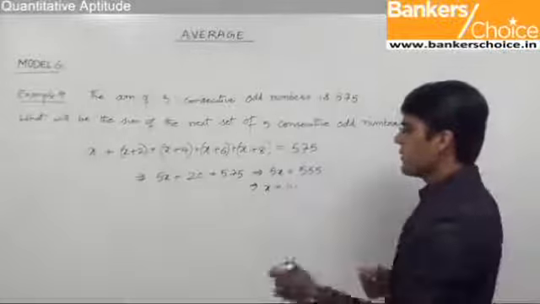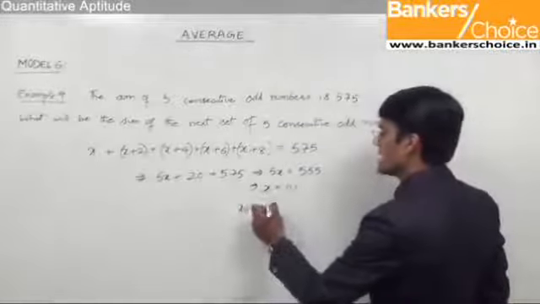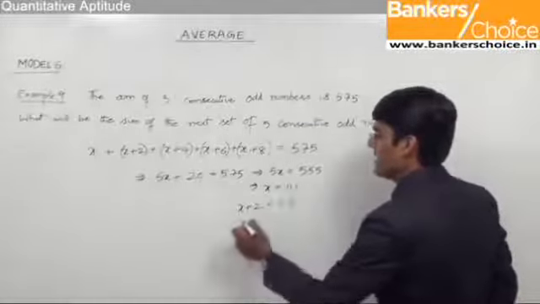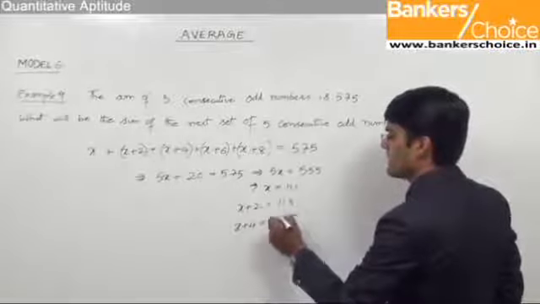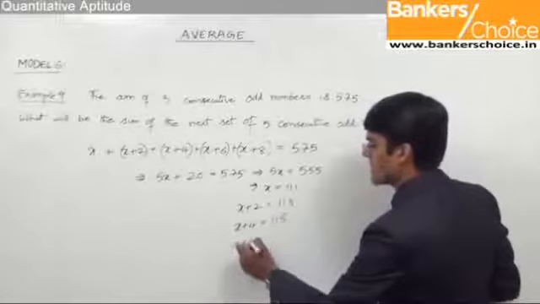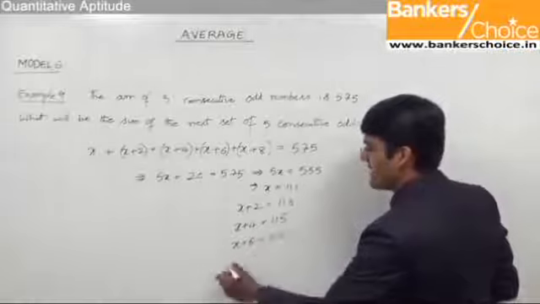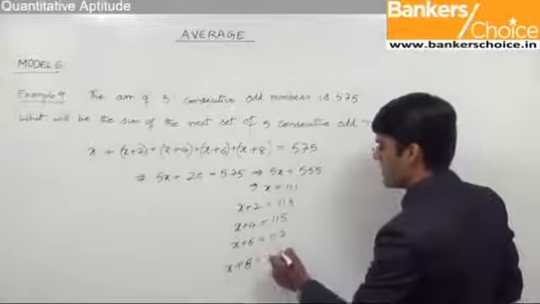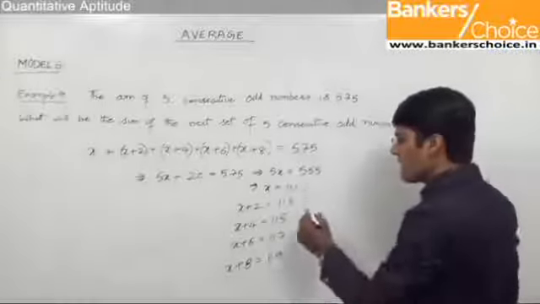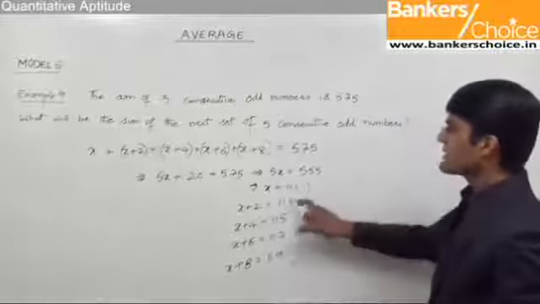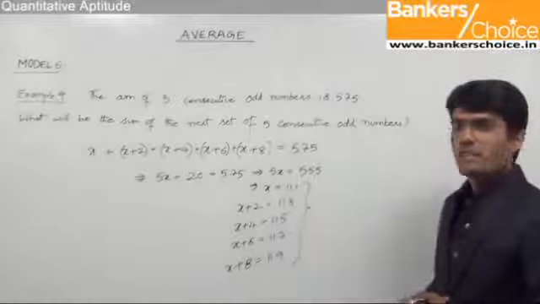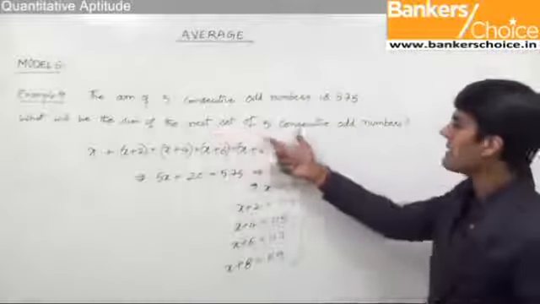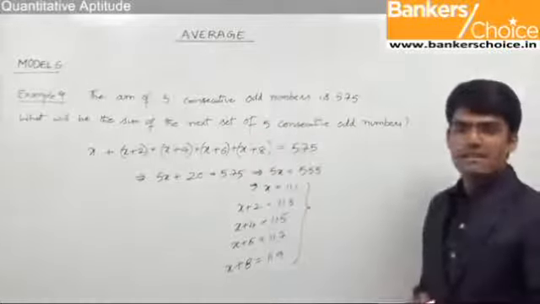If x is 111, the next number should be x plus 2, that is 113, and then the third number should be 115, fourth number should be x plus 6, that is 117, and the fifth consecutive number should be x plus 8, that is equal to 119. So these are the 5 consecutive numbers whose sum is 575, and we are supposed to find out the sum of the next set of 5 consecutive odd numbers.